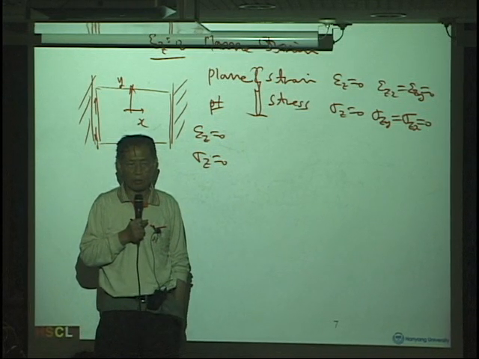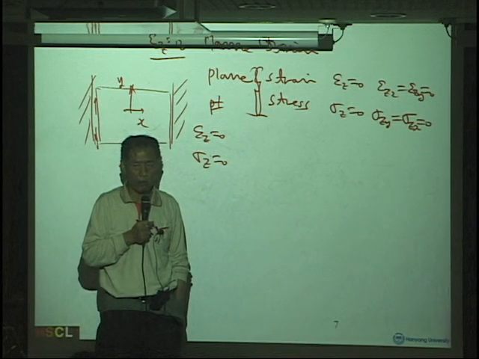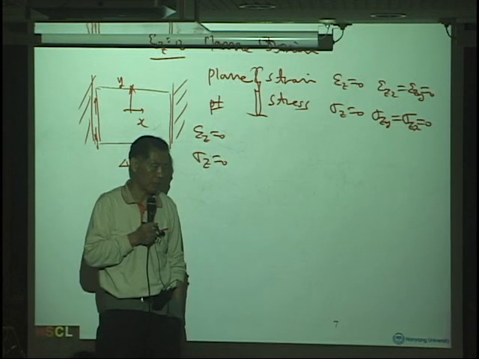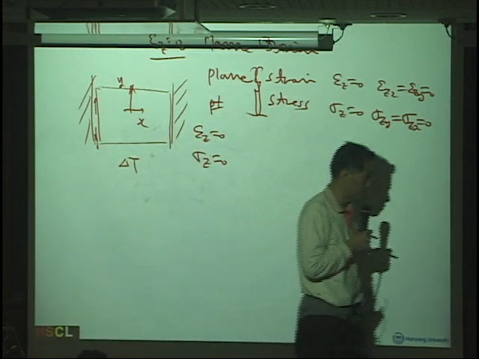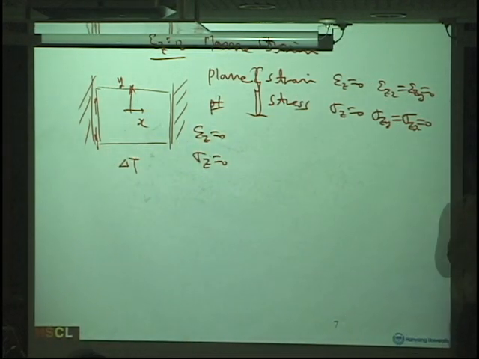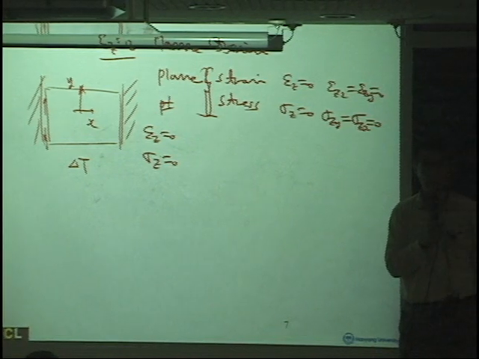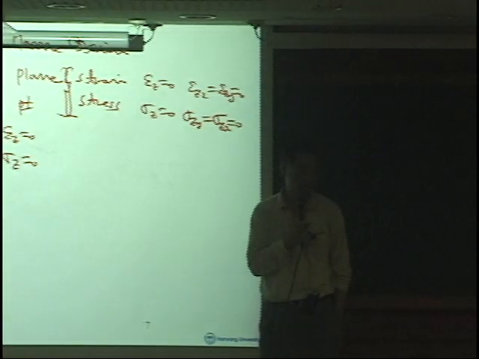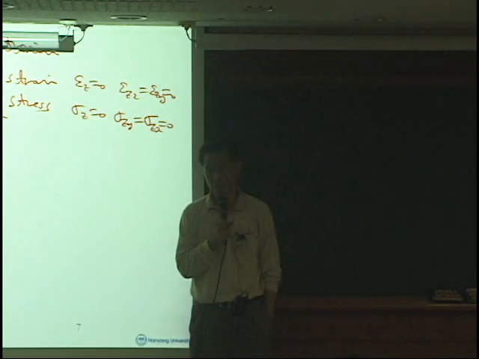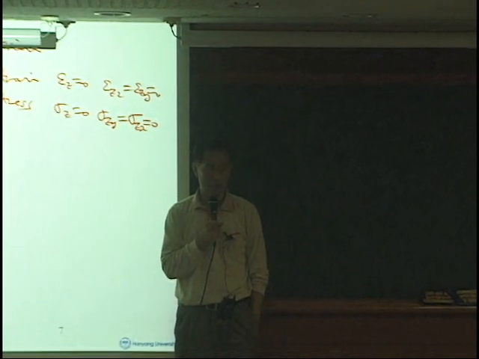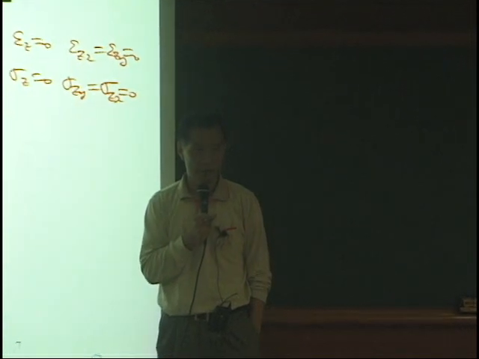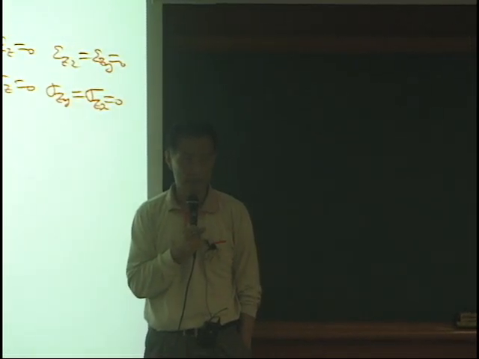And you should fully understand the meaning of Poisson's ratio. What does Poisson's ratio mean? And the definition of stress and stress transformation, and the most important thing is failure criteria. Okay, failure criteria.